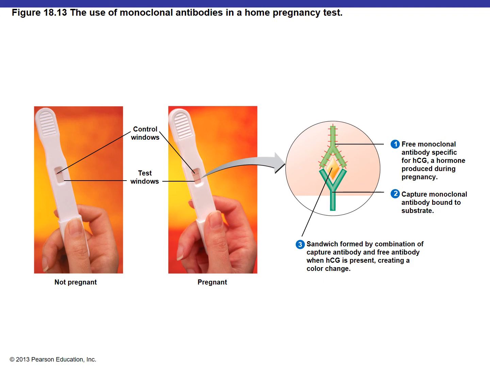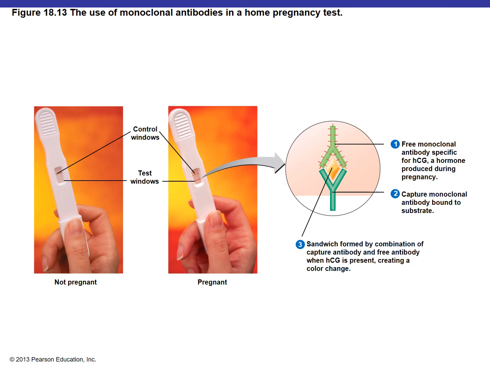At the control line, you've got antibodies against the constant region. These are the anti-antibody antibodies, so they're going to bind to this antibody no matter what. And that's the control.